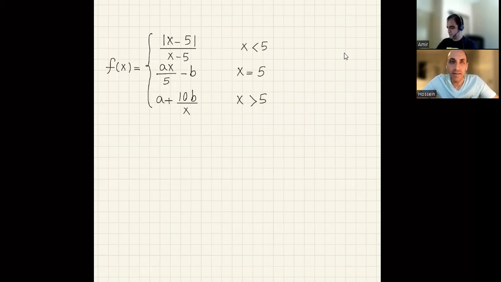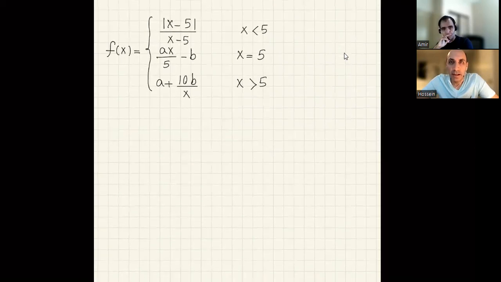Okay, Amir, I have another limit problem for you today, and this is a continuity problem. What you see on the screen is a piecewise function f of x. For x less than 5, the value of f of x is defined as the absolute value of x minus 5 divided by x minus 5.